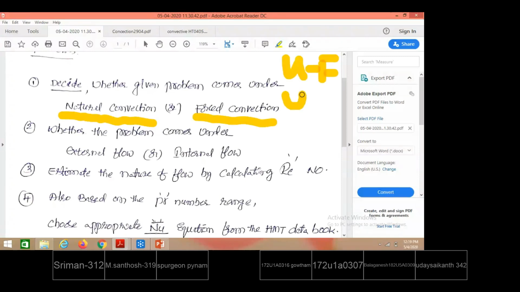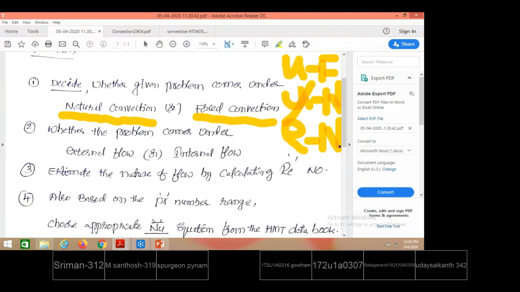If no velocity is there, that is a natural convection problem. If velocity is not there, then what else creates the momentum? That is density. If density is given, that is a natural convection problem. So this is what we will identify.